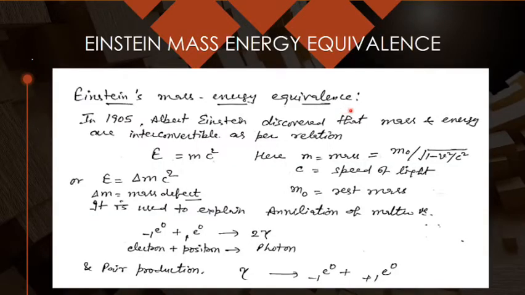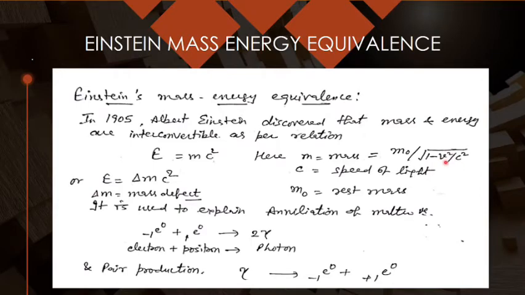We are talking about energy conservation, but Einstein discovered that mass and energy are interconvertible. Not under normal conditions; it is possible only if the body is moving with a speed comparable to the speed of light.